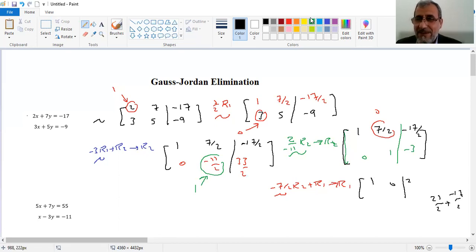Rewrite the second row: 0, 1, negative 3.